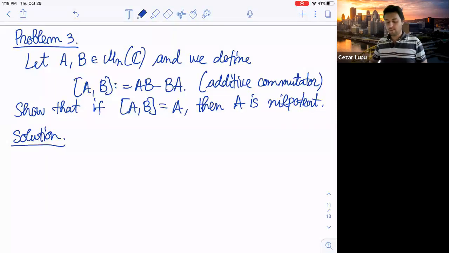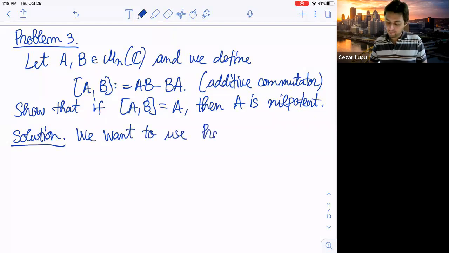What do you know about the commutator? Maybe we could use, we have in plan to use problem 1.